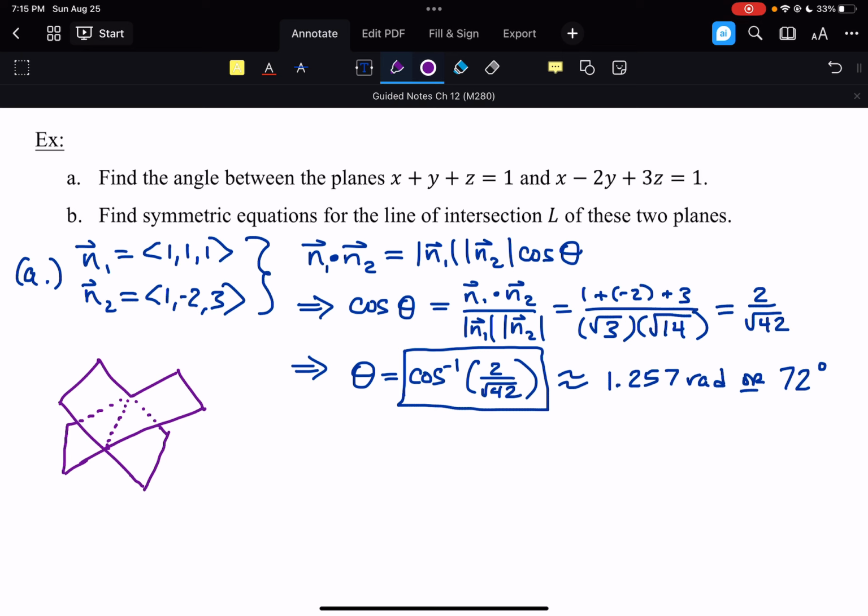Like that. They have normal vectors. So that'll be like n1 and n2.